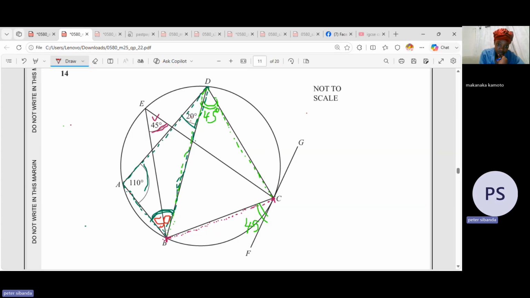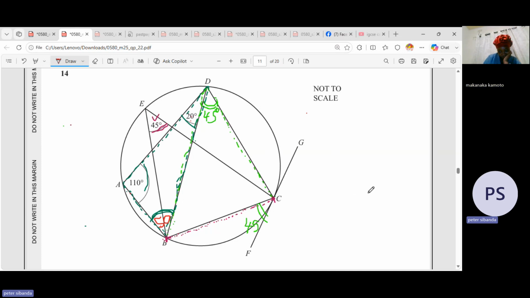We are trying to think of the theorems we have and which other angle we can find. Do we still have angles we can find? There was that theorem that says the angle subtended by the diameter is 90 degrees. That one is out because we are not given a center, so we don't have a diameter. Even if this line may look like a diameter, it is not; that's why it is subtending 110, not the 90 a diameter is supposed to.